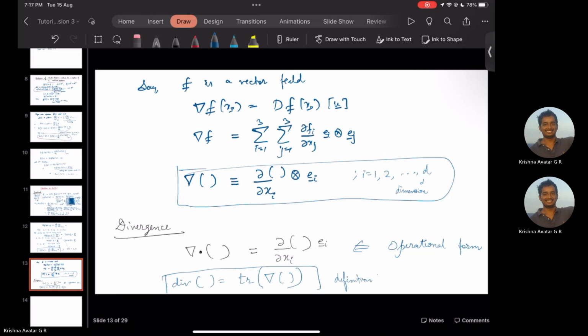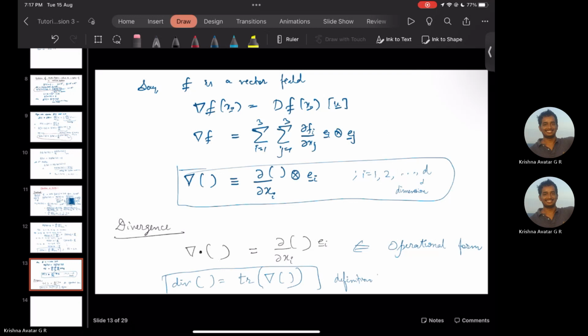So what you are able to see is that in the gradient operation, there is a tensor product involved. What this does is it increases the order of the tensor. So if you have a first order tensor as the argument, the grad operation makes it a second order tensor. And if it's a third order tensor, it becomes a fourth order tensor.